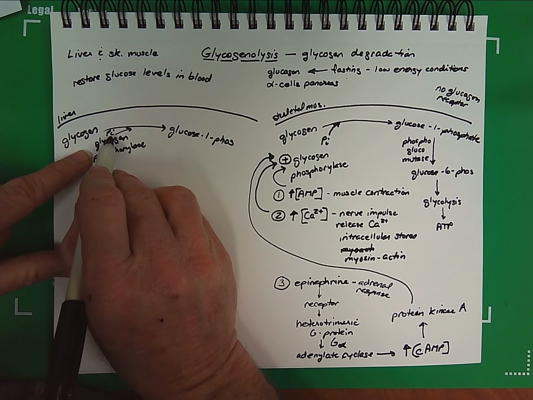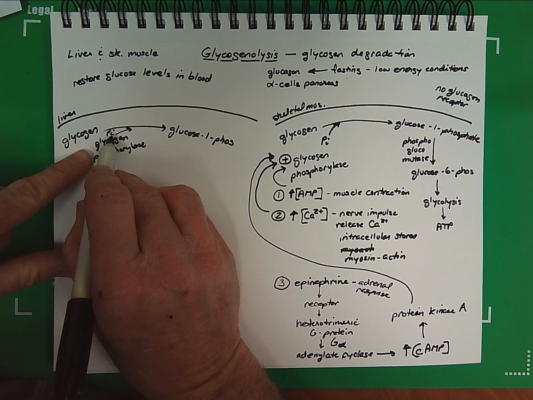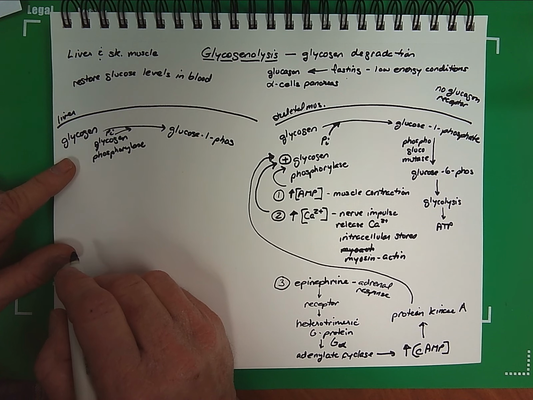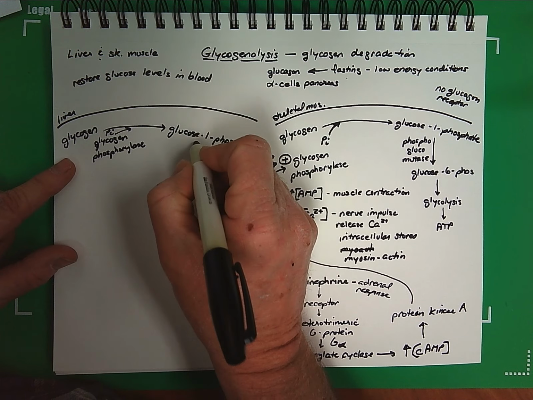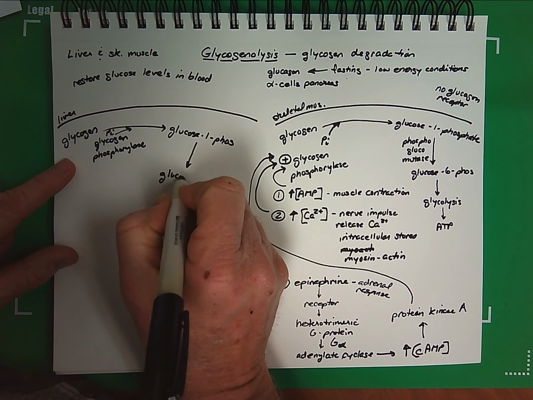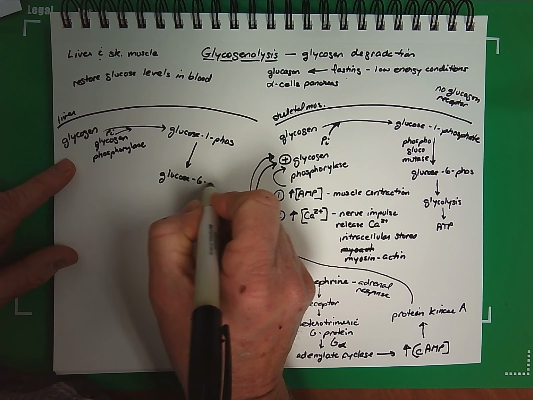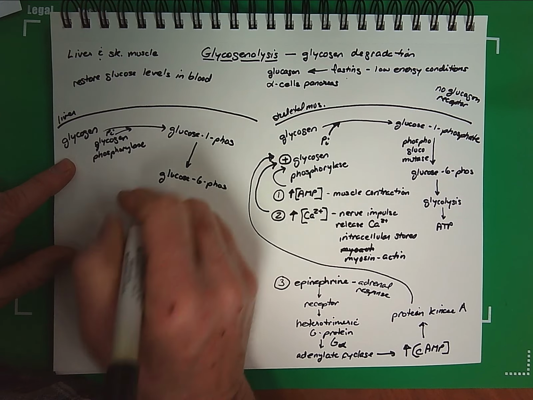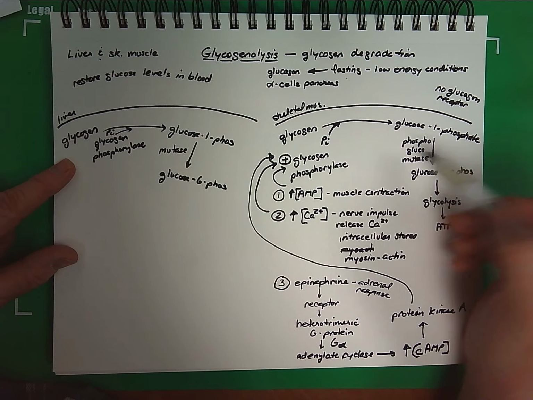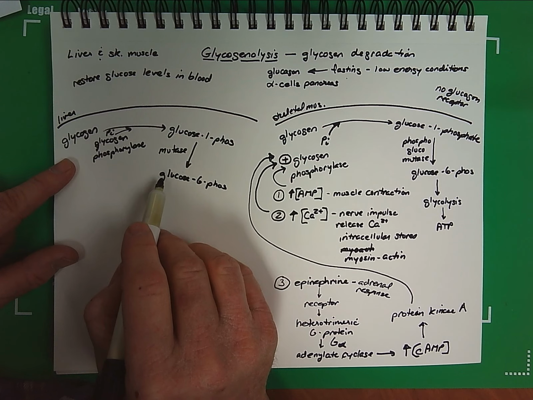It's going to be using inorganic phosphate again, so this is a phosphorolysis reaction to release the glucose as glucose 1-phosphate. Now, same response as in muscle. Our mutase enzyme will convert this back into glucose 6-phosphate. This is our phosphoglucomutase, same enzyme.